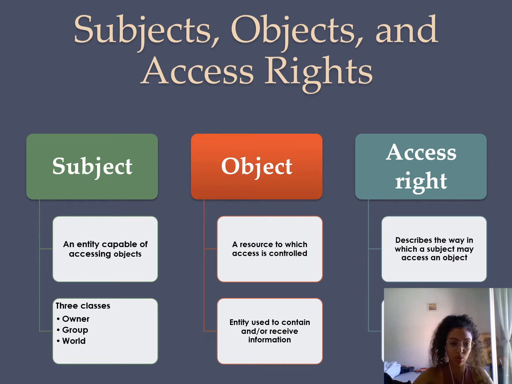Access rights could include read, which allows a user to view information in a resource, like a file, a selected record in a file, a selected field within a record, or some combination of the ones that I just mentioned. This usually also contains the ability to copy or print said information.